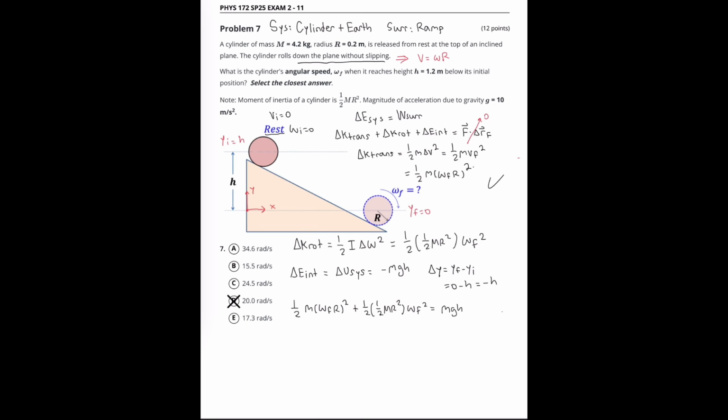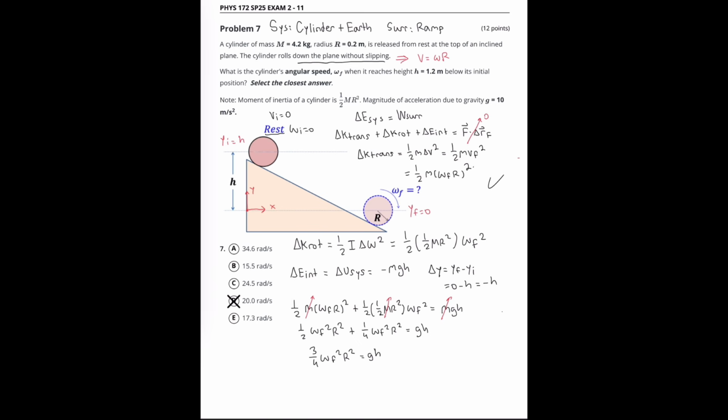So now we can cancel out our masses since they're on both sides of our equation. And we can rewrite this as 1/2 omega final squared r squared plus 1/4 omega final squared r squared is equal to gravity g times h. So we have 3/4 omega final squared r squared is equal to g times h.